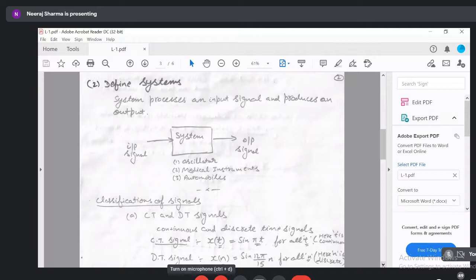The user wants an output from a particular device or system so that they can easily grasp that particular information. So the system will take a raw input or a physical input which may not be easily understood by the user. For example, biological signals may not be understood by a human being in the raw form.